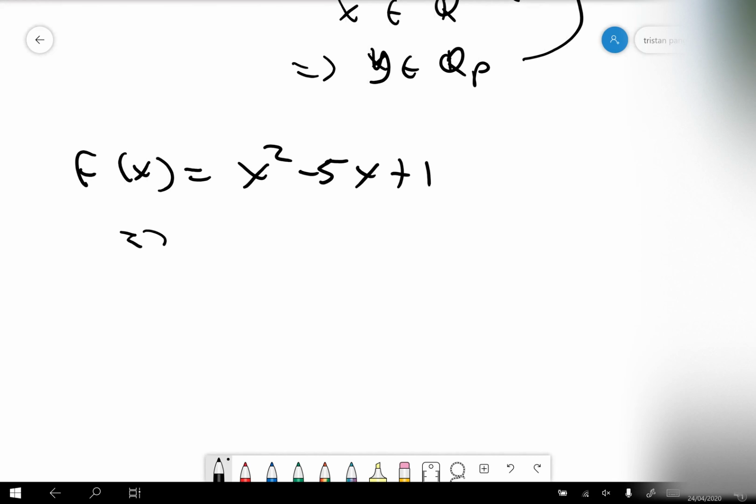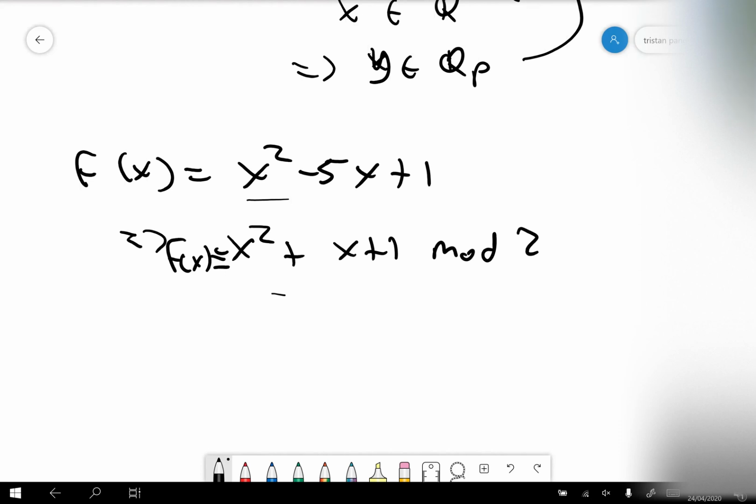It's easy to see that this has no roots modulo 2, because if we reduce it modulo 2, we get x squared plus x plus 1 mod 2, and neither 0 nor 1 is a root, so there's no root here.